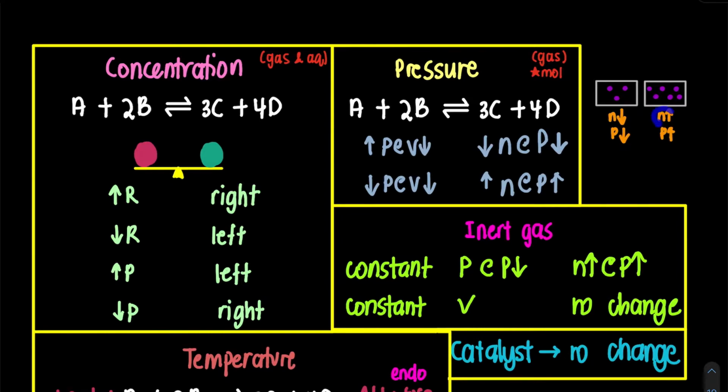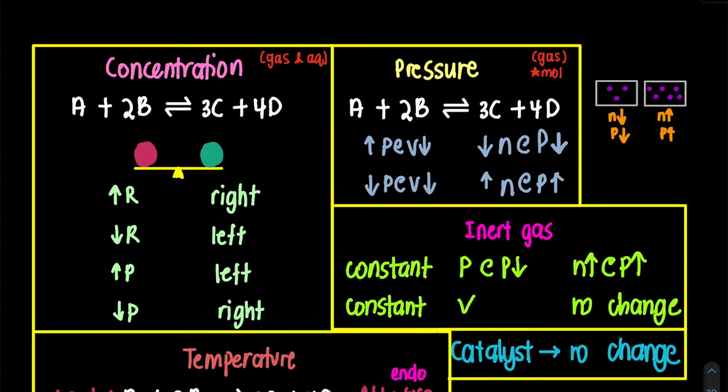When the number of moles increases, for example here we have 6, the pressure will become higher because the probability of collision becomes higher. So for pressure, it is important to look at the moles, higher number of moles or lower number of moles.